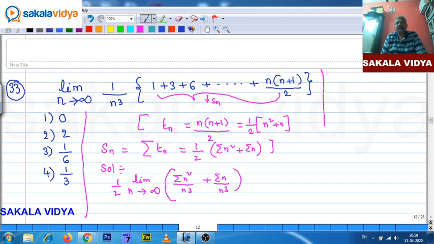I will explain one important shortcut to you, which everybody needs to remember. Limit n tends to infinity, sigma n to the power of k by n to the power of k plus 1 is 1 by k plus 1.